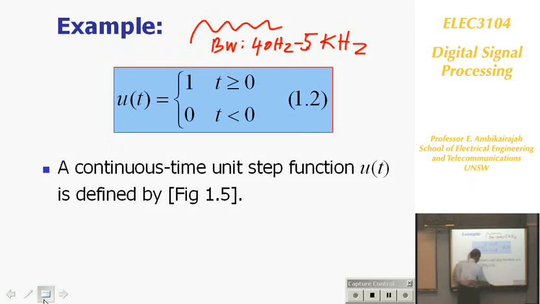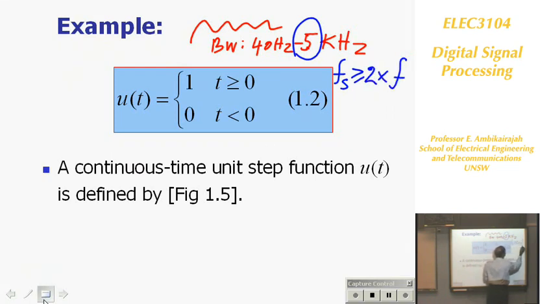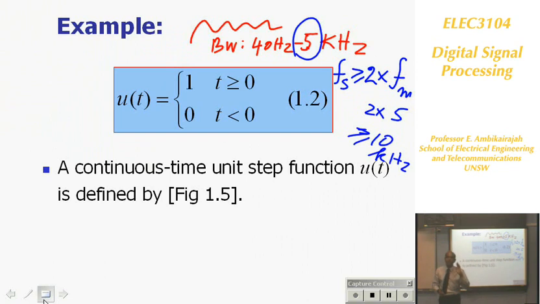You locate the maximum frequency available. So minimum sampling frequency, my Fs must be greater than or equal to twice the maximum, which is twice 5, so greater than or equal to 10 kilohertz is your sampling frequency. Or 20, 30 you can use, but must be minimum 10. That's how you do the calculation.